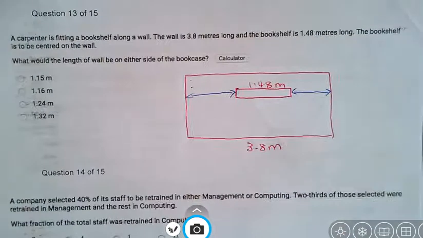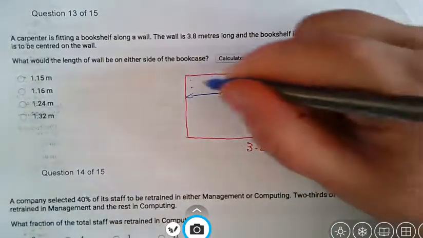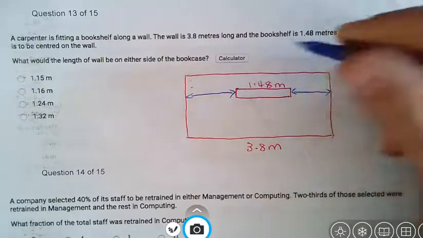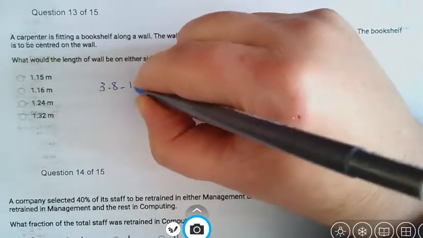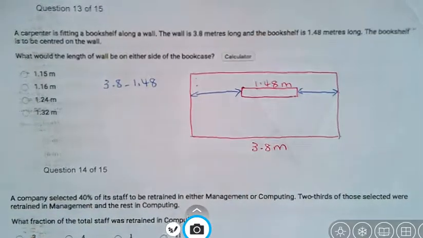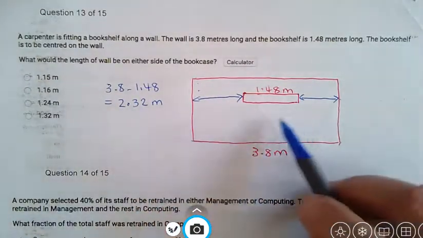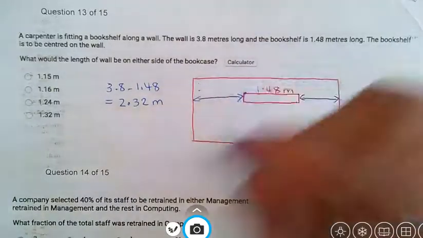Okay? So this is 3.8 meters along here, and so is all of this. But this section here is 1.48. So I can do 3.8 take away 1.48. Now you do have a calculator to use for this question. And so the two blue bits add up to 2.32 meters, but that's this blue section and this one.